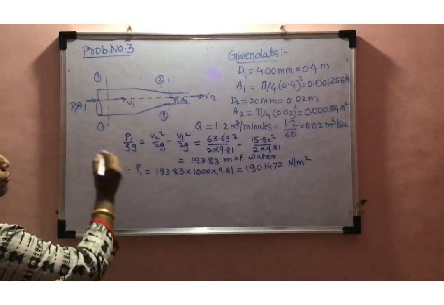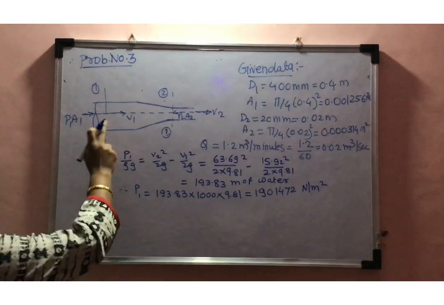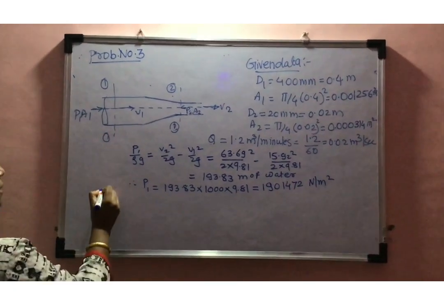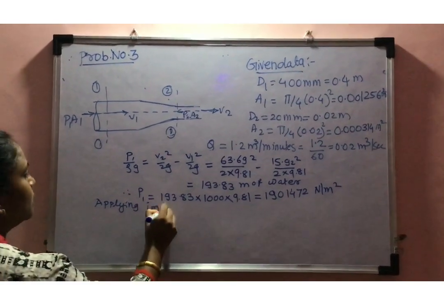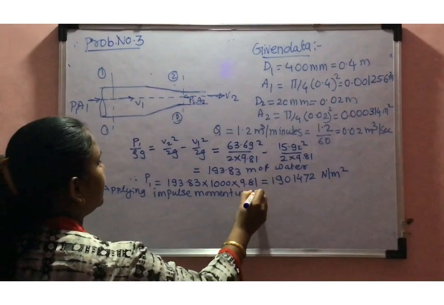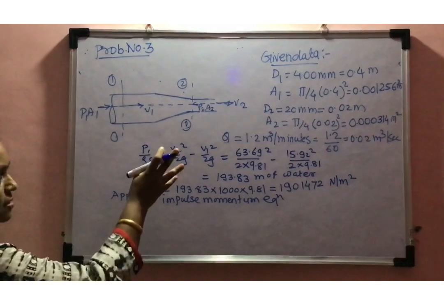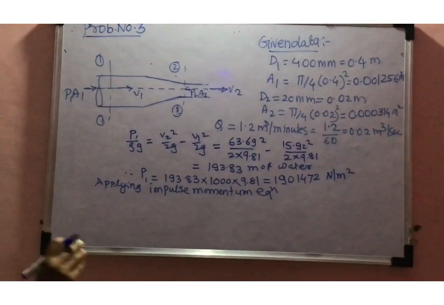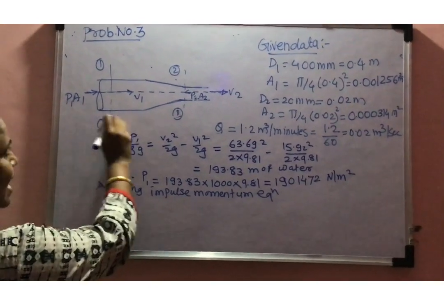Now find out the force exerted along the x direction, because along the y direction there is no component. So applying the impulse momentum equation, the net force acting along the x direction is equal to the rate of change of momentum. So now take the net force acting along the x direction.